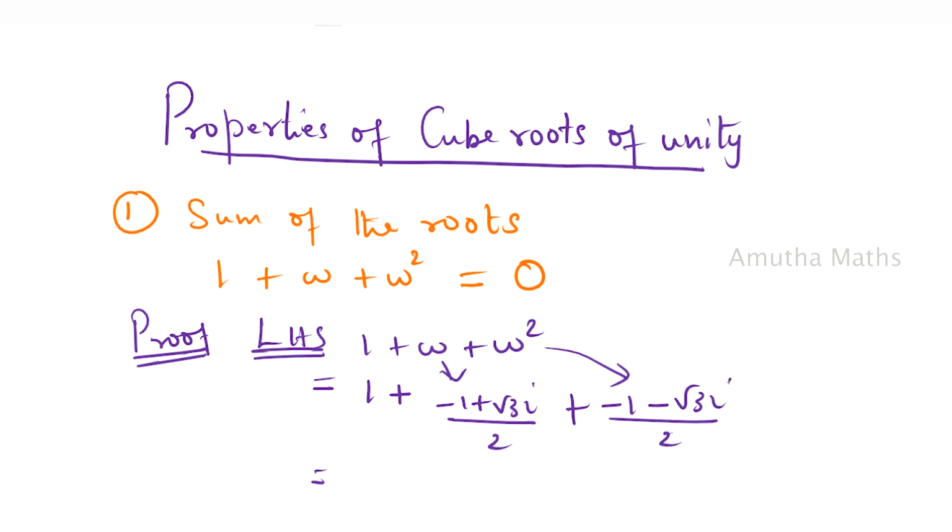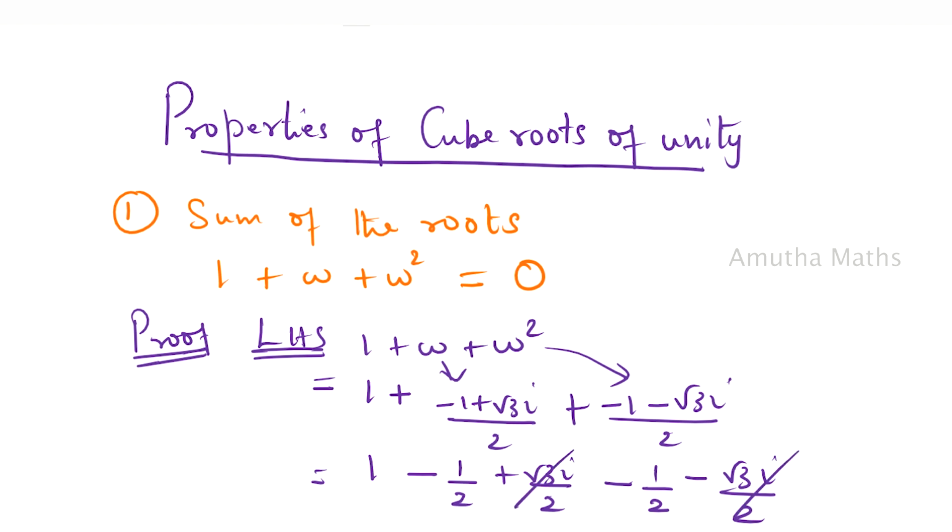Okay, so I can split this as, so என்ன கிடைக்கும்? 1, இதை ஸ்ப்ளிட் பண்ணிரலாமா? -1 by 2 plus root 3 i by 2 minus 1 by 2 minus root 3 i by 2. Okay, so இந்த ரெண்டையும் கேன்சல் பண்ணிரலாமா?